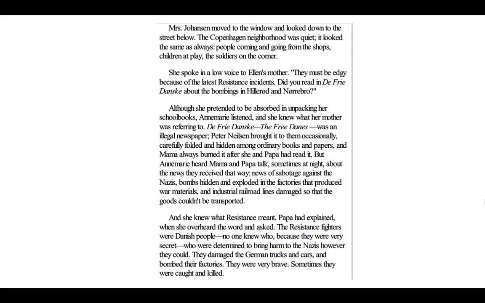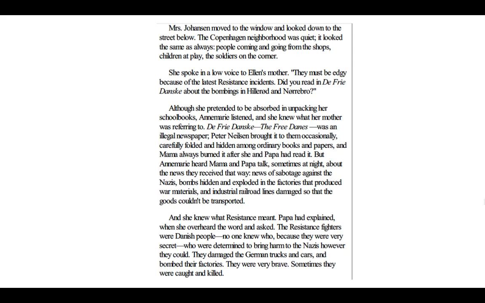Although she pretended to be absorbed in unpacking her schoolbooks, Anne Marie listened, and she knew what her mother was referring to. De Vrij Dansk, the Free Danes, was an illegal newspaper. Peter Nielsen brought it to them occasionally, carefully folded and hidden among ordinary books and papers, and Mama always burned it after she and Papa had read it.